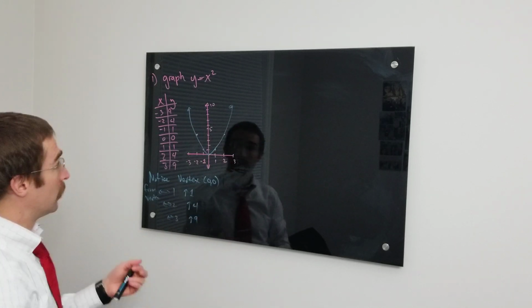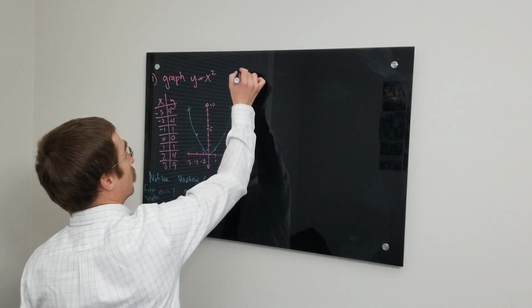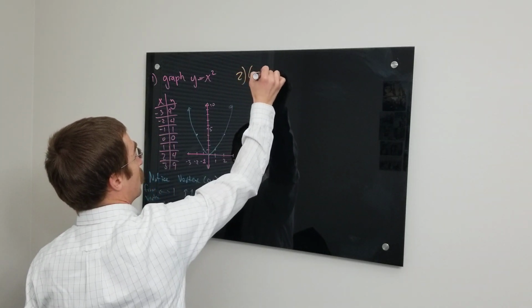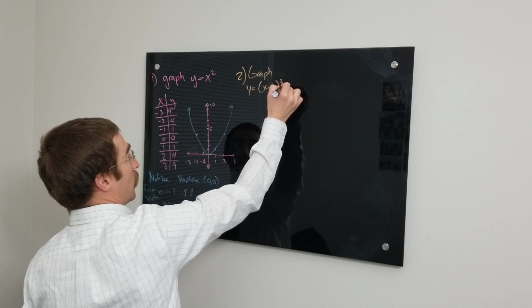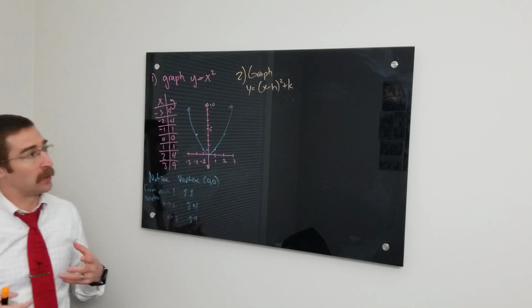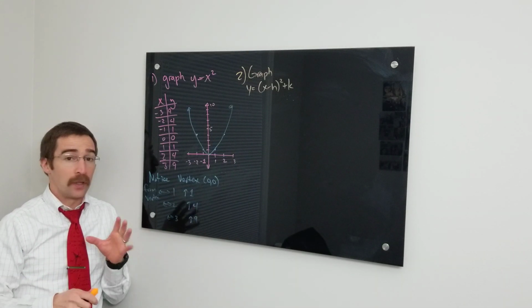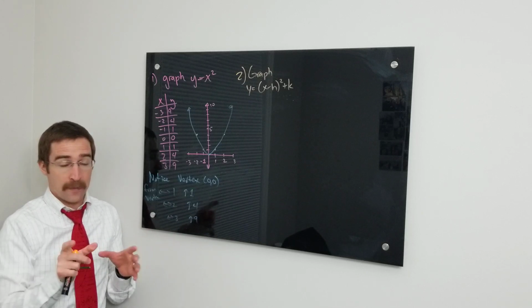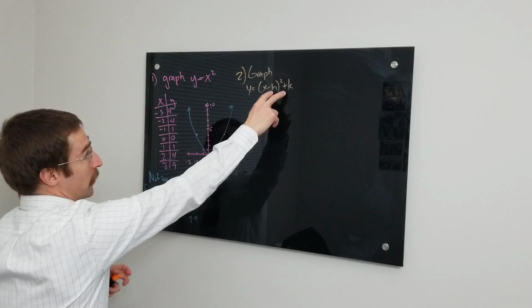So now, let's move on to problem 2. We're going to graph y equals (x minus h) squared plus k. If you remember back to when we talked about transformations with absolute value functions, we can always find the vertex of the absolute value, that point on the V, by looking at these two values.